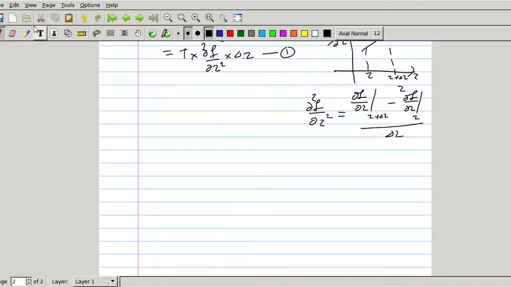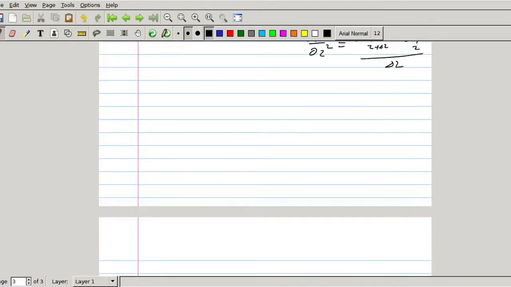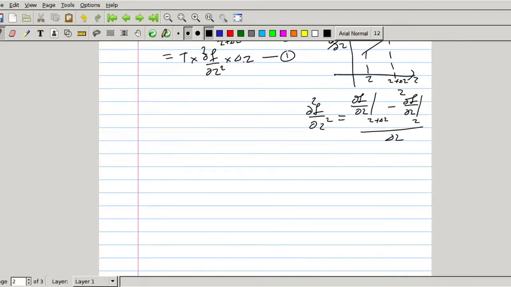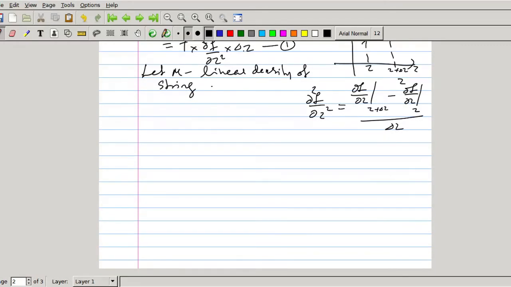Now consider mu as the linear density of string. So the mass of string between z and z plus delta z. The length of string between z and z plus delta z is delta z. Mu is mass per unit length.